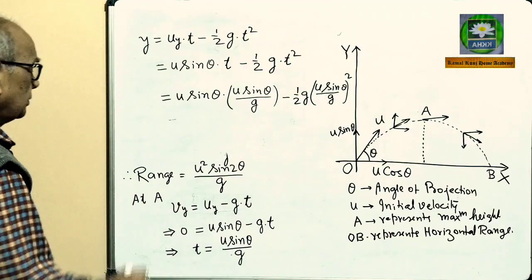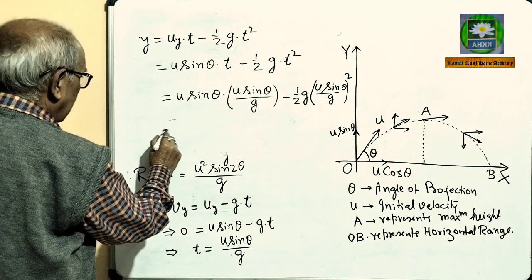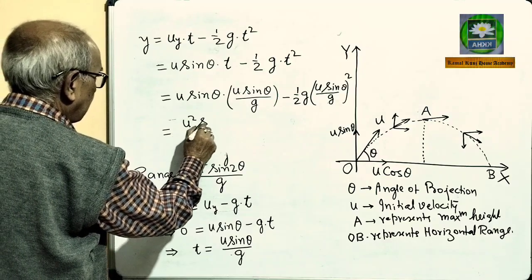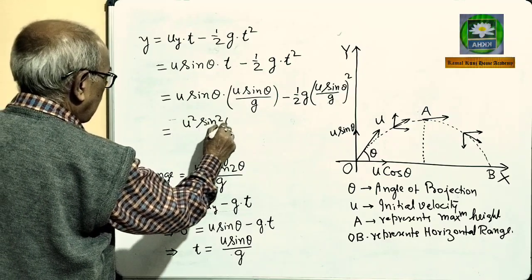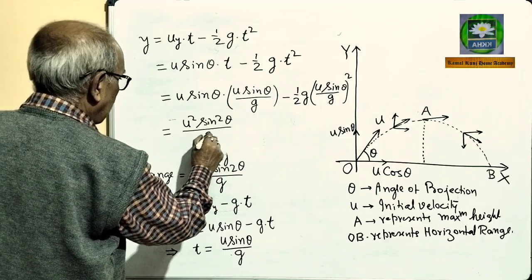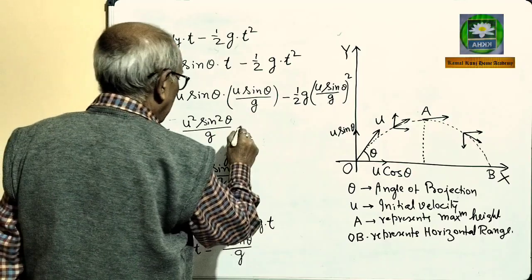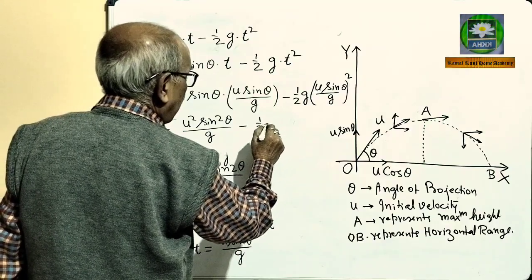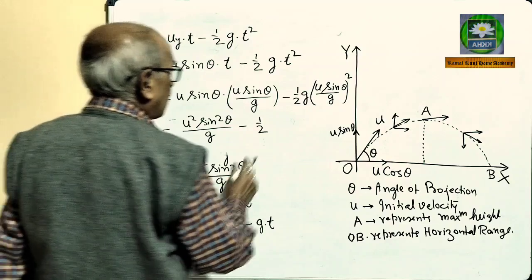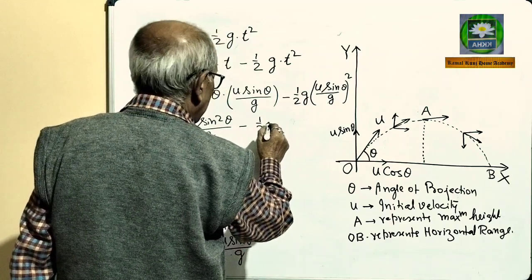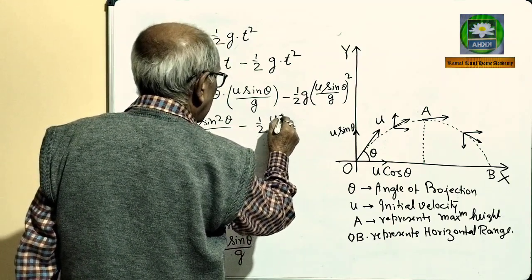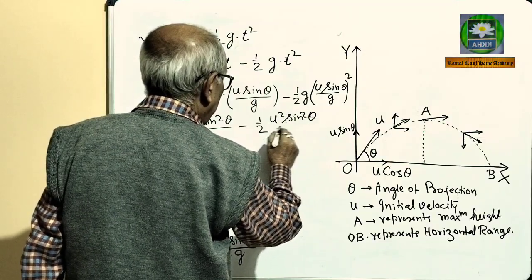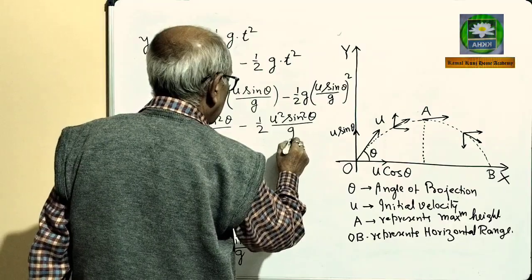This is equal to u square sin square theta upon g minus half u square sin square theta upon g.